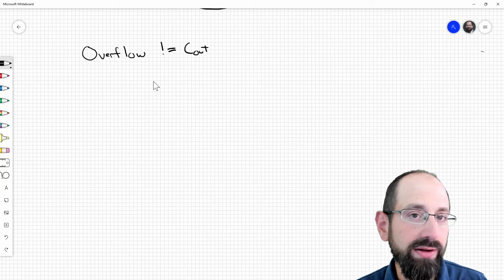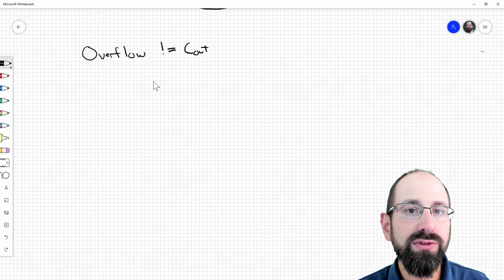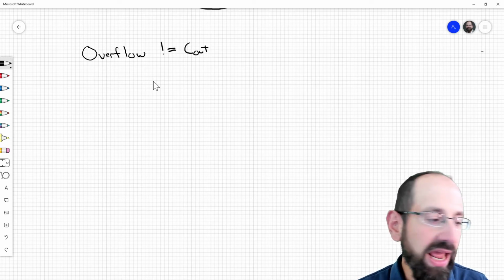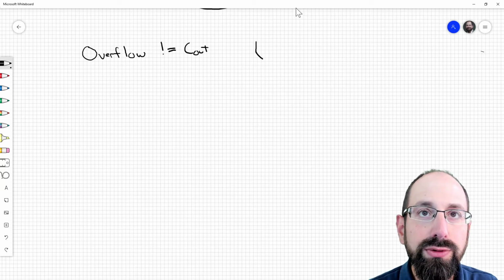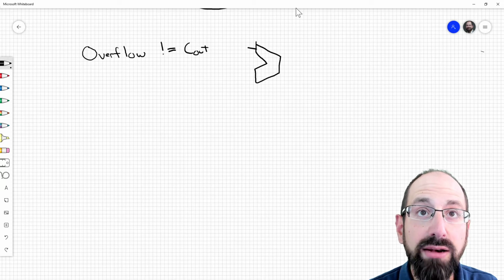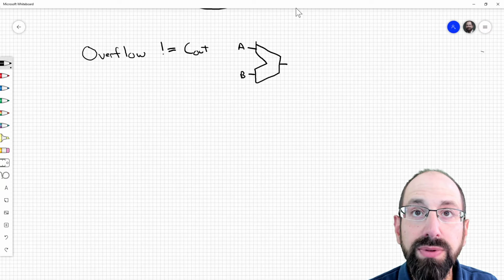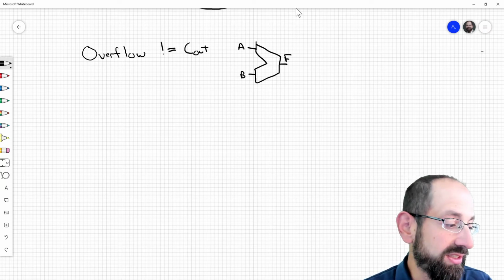One way to think about how we determine whether there's overflow or not is to figure out if the result is feasible given the signs of our input A and B. So if we assume again we're building our adder and we're adding two signed two's complement values A and B, well, the nice thing is there's only a few possibilities in terms of whether these are positive or negative results here, right?